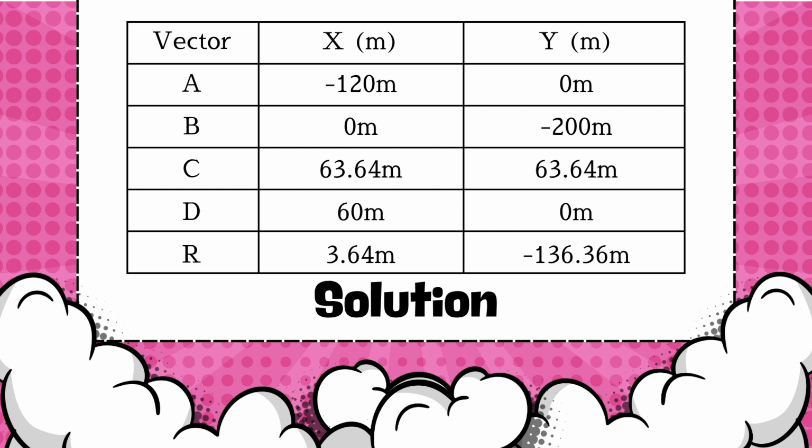Now we will add the y components. 0 minus 200 plus 63.64 plus 0 equals minus 136.36 meters. So our net southward component is 136.36 meters. Now the total displacement vector is therefore 3.64 meters east and 136.36 meters south.